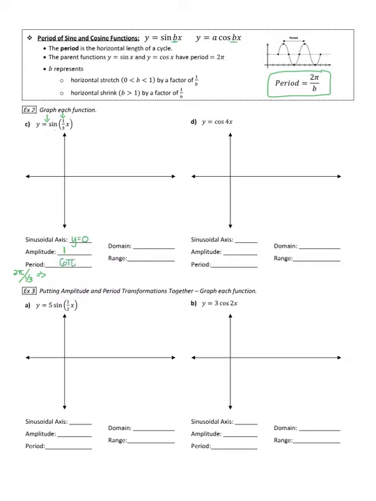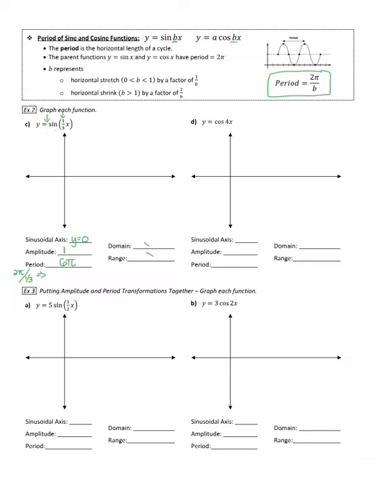So remember, 1/3 means I'm actually stretching horizontally by a factor of 3. Usually you have 2 pi, now it's going to be 6 pi. And the domain and range are the same. Actually, no, that doesn't change, so I'm not going to keep filling it out.